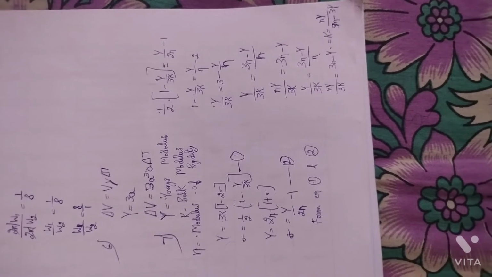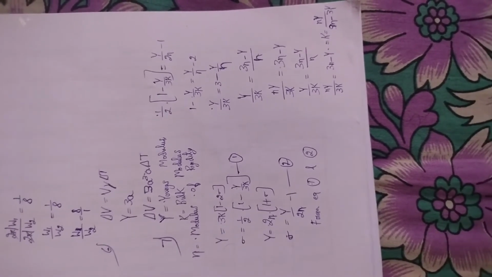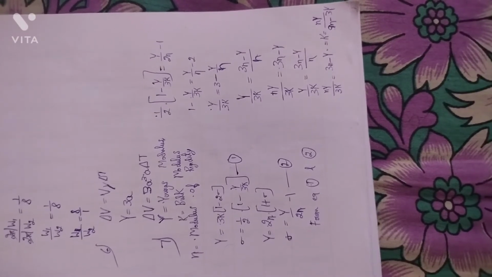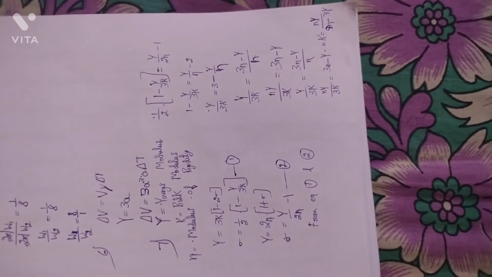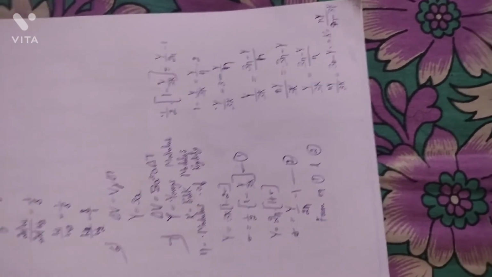So let us come to our next question. Let me show you the next question from this book, then we will solve it step by step. Here is the next question, question number 8.